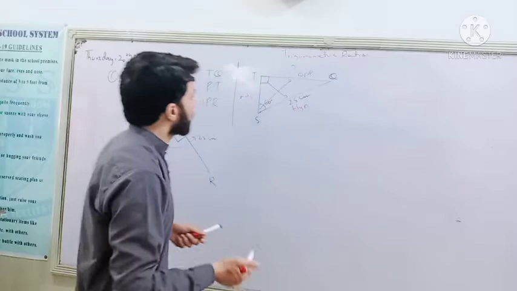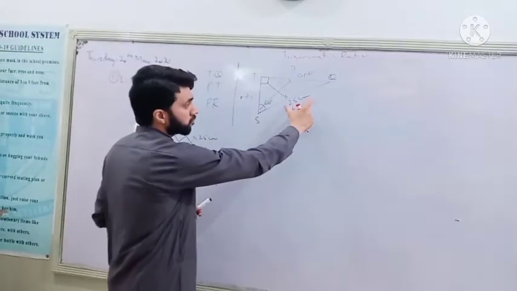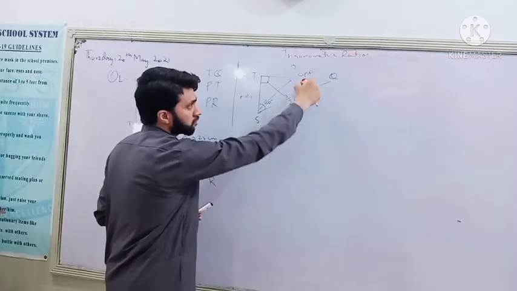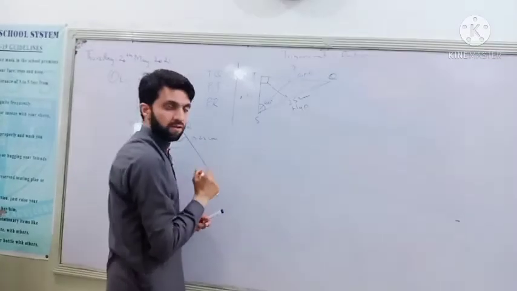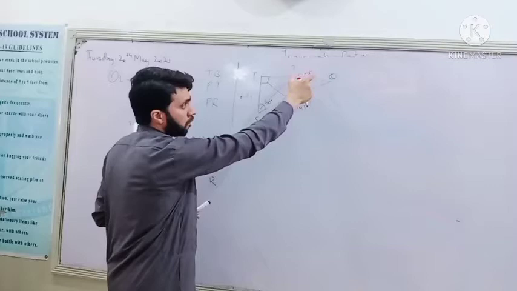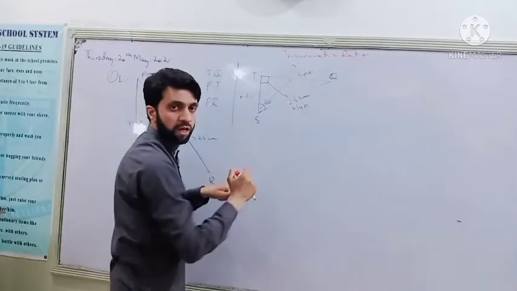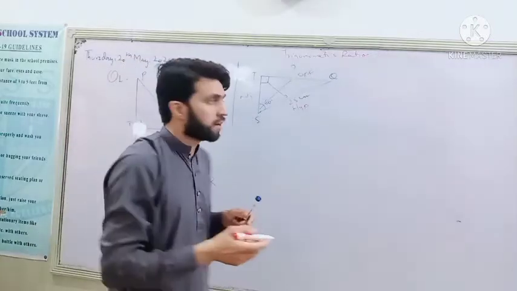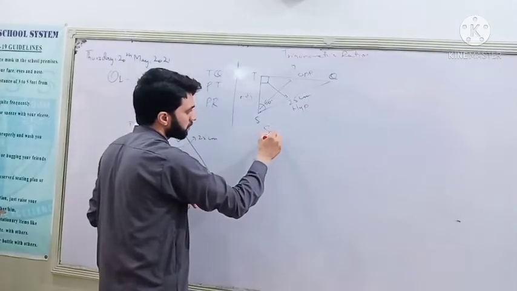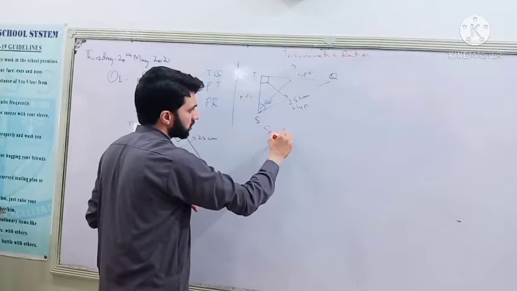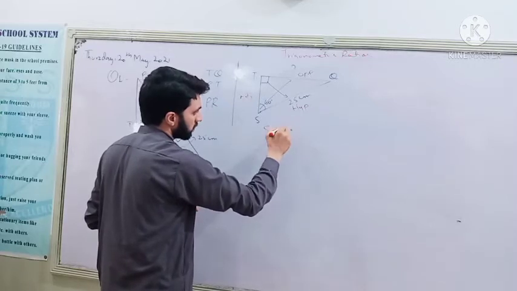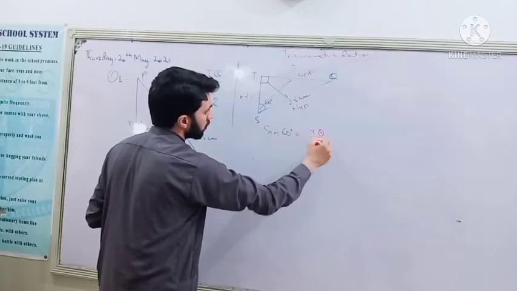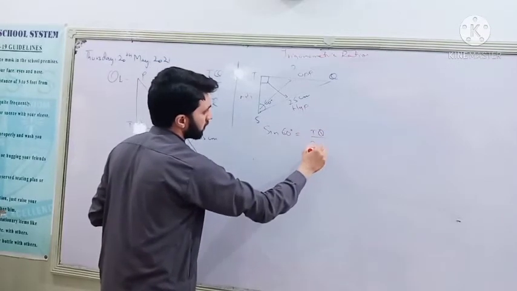We have hypotenuse 25, so opposite and hypotenuse come in sine. So apply sine 60, because we have the 60 angle: sine 60 is equal to opposite TQ over hypotenuse 25.